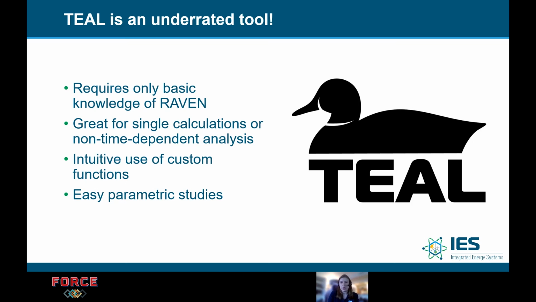When you're installing your plugins, you want to install TEAL as a plugin, and it'll be in your plugins folder in Raven. The instructions are in the Raven installation instructions. Once you get to the part where it says install plugins, click there and it'll tell you how to install TEAL.